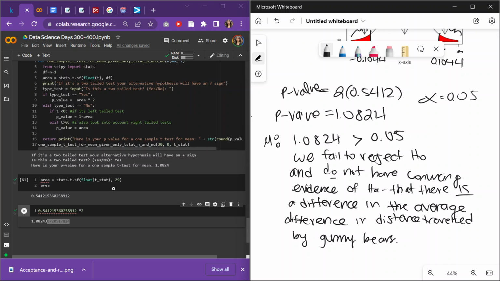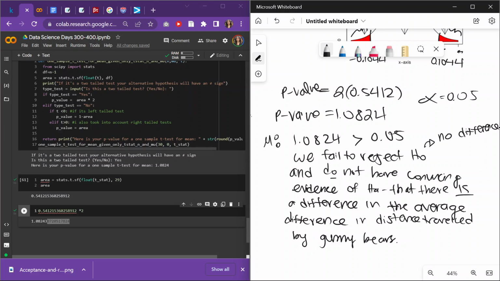Right. So the answer is, for now, it is true that it's not true. We just fail to reject H0, and H0 is that there is no difference. So we do not have convincing evidence that there is a difference, is basically what our conclusion is.